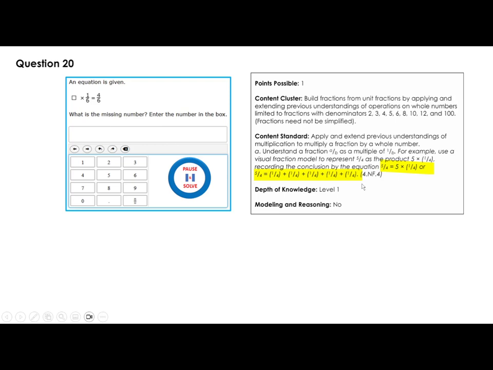In the standard, 5 over 4 means 1 over 4 plus 1 over 4, 5 times, okay? So 5 over 4 means 5 times 1 over 4. Here, 4 times 1 over 6 is 4 over 6.